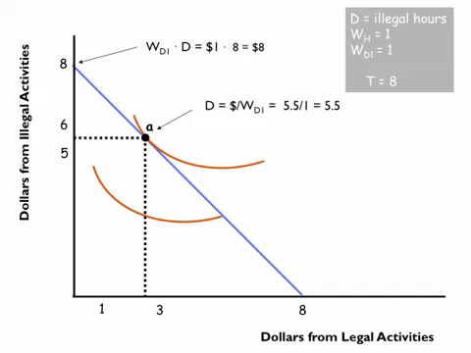Since the wage is 1, it's pretty easy to get the number of hours. Now, the number of hours this person spends on illegal activities is what we're interested in, but we don't have that on the vertical axis. What we have is the dollars that this person gets from illegal activities.